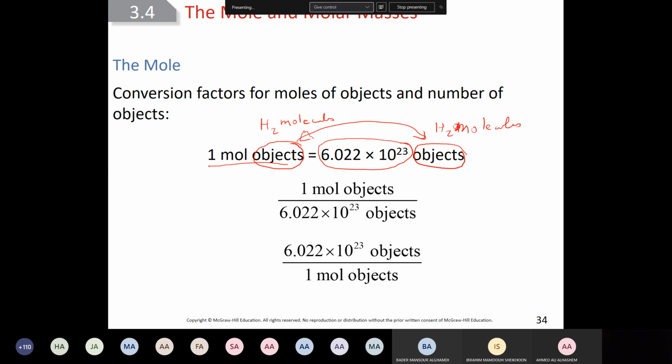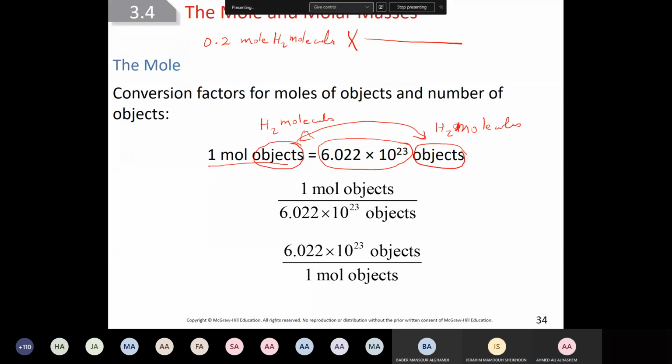Clear? Very good. Now, if I have 0.2 mole H2 molecules, then how many molecules is this? I should multiply it by what? What should I put at the top and the bottom?